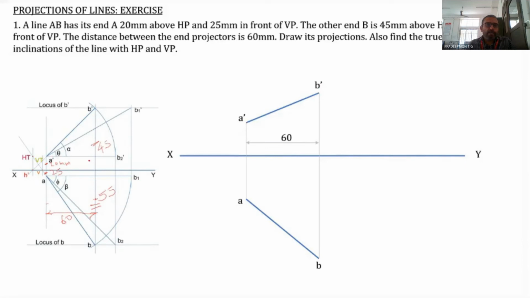A dash B2 dash is parallel to the XY line. We can rotate it like this, or the other way is also possible. AB is the top view and AB1 has the same length, drawn with an arc. AB1 is parallel to the XY line, and AB is equal to AB1.